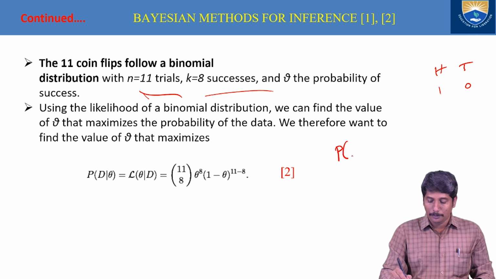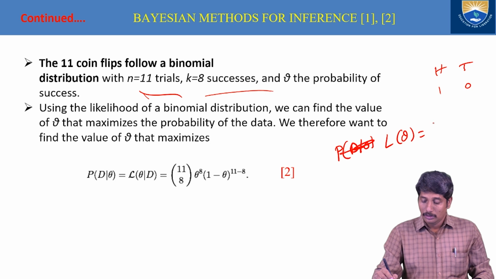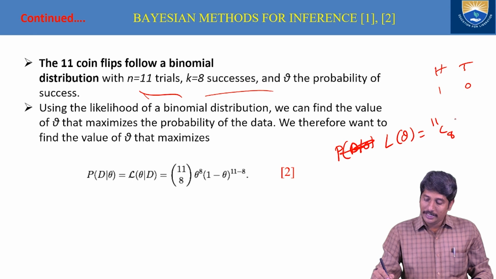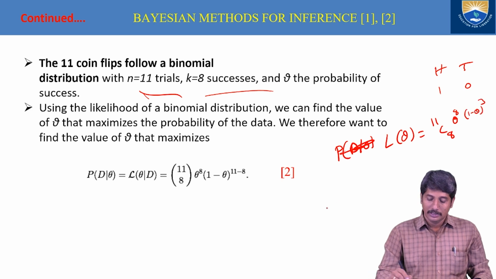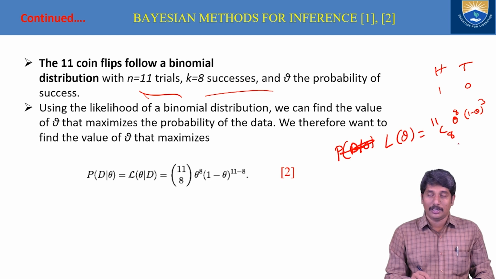The likelihood, generally denoted L of theta, is 11C8 times theta power 8, since 11 times we got 8 heads and the probability of head is theta, times 1 minus theta power 3, the probability of tail. This is our likelihood function, MLE.